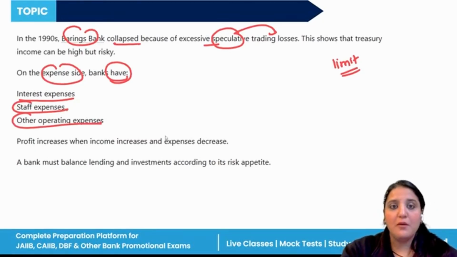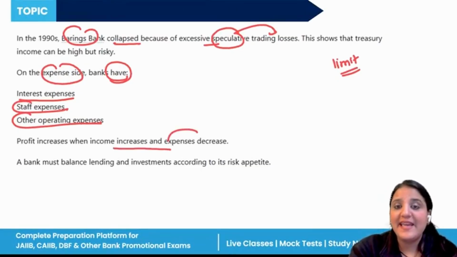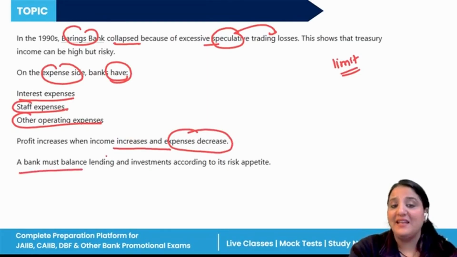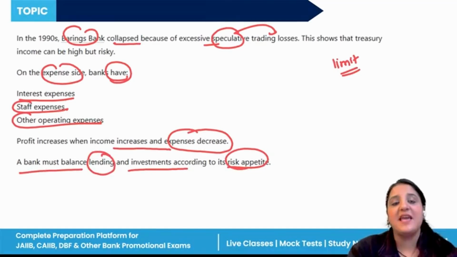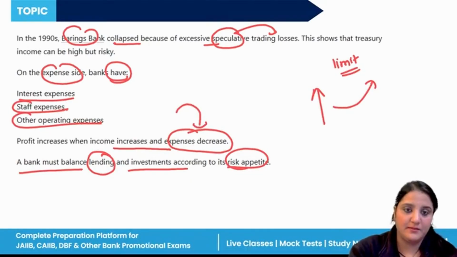Profit will increase when income increases and expenses decrease. And a bank has to balance lending and investment according to its risk appetite.